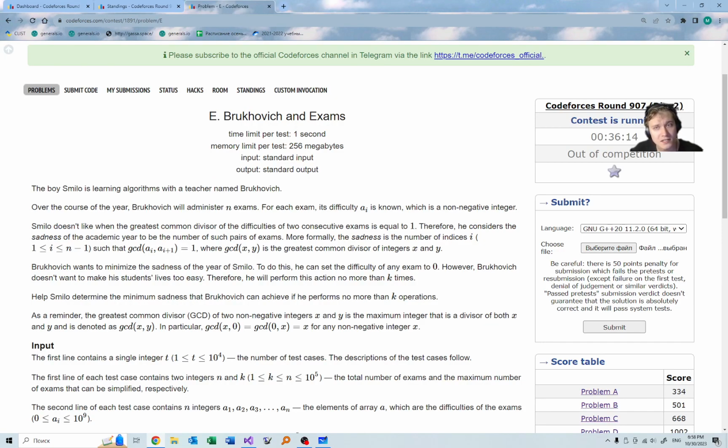The sadness of the academic year is the number of consecutive exams, the number of indices such that this holds. He wants to minimize the sadness of the year. He can set the difficulty of any exam to 0 no more than k times. Help Milo determine the minimum sadness that Brukhowicz can achieve if he performs no more than k operations.